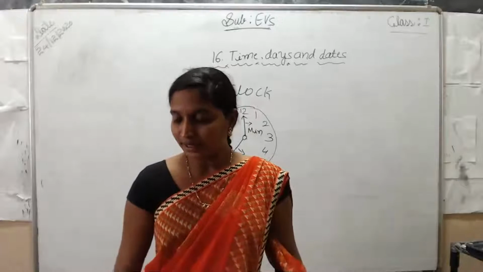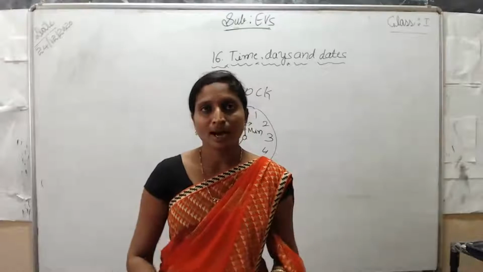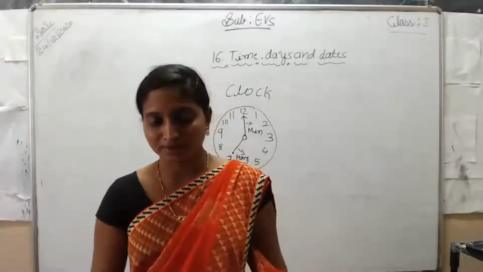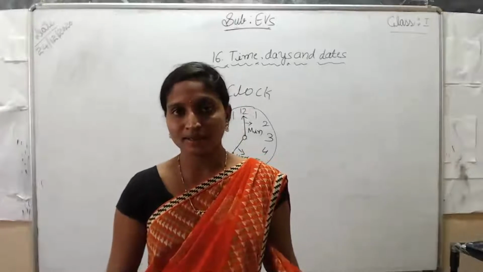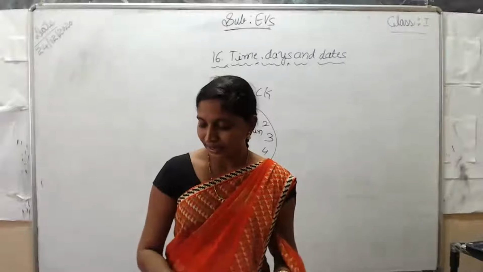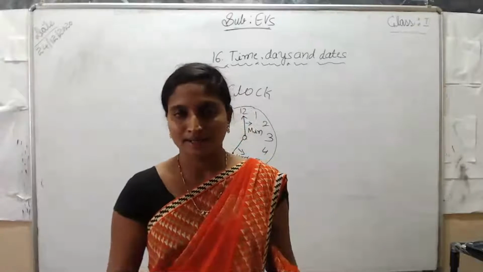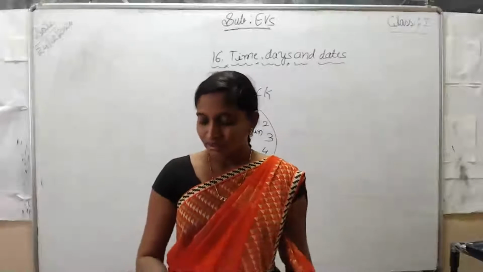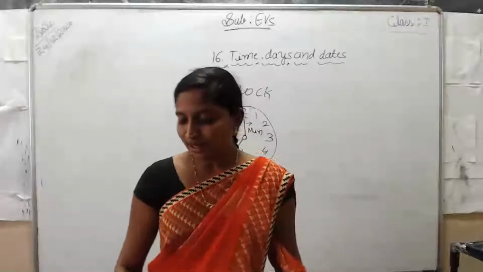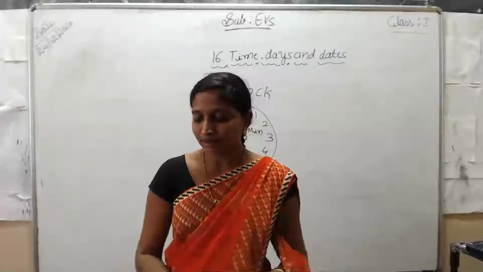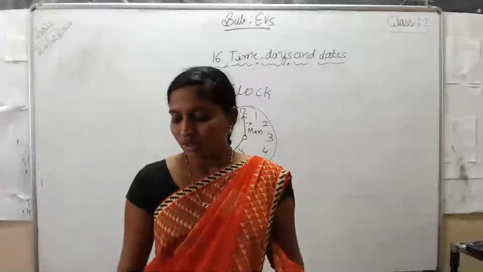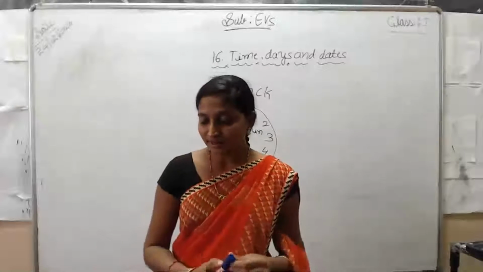How many days are there in a week? There are 7 days. What are the names of the days? Monday, Tuesday, Wednesday, Thursday, Friday, Saturday, Sunday. These are the names of the days in the week. In 1 month, how many days are there? 30 days.